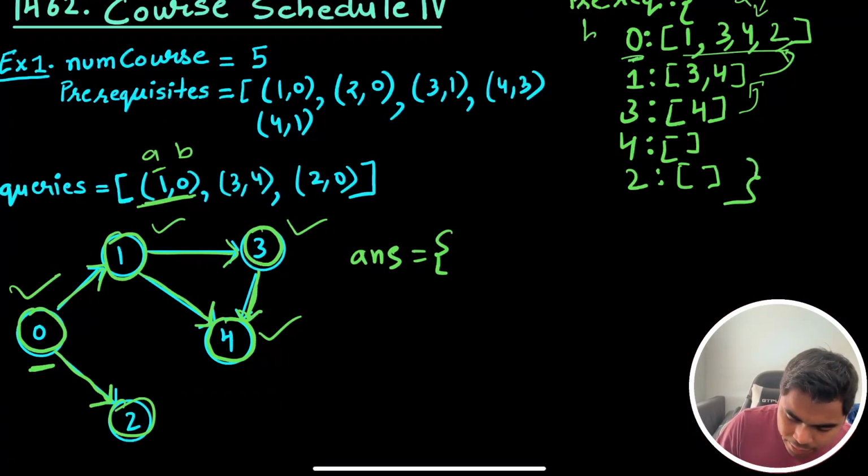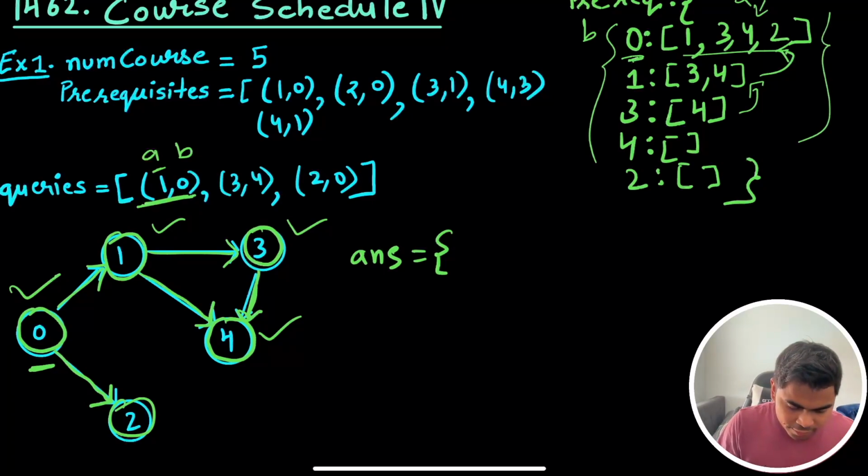We're going to go one by one and check if A is in the set next to that particular node, which is 0. So is 1 prerequisite of 0? Yes, it exists right here. So I'll add that to my answer. So I'll say true. So first query is true.